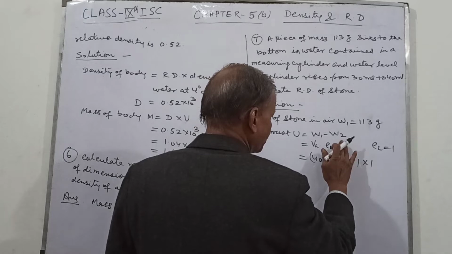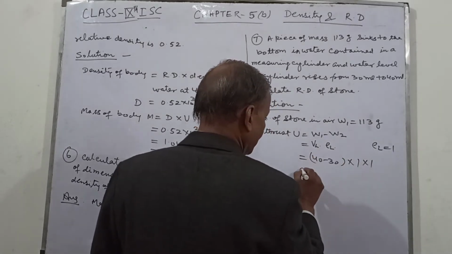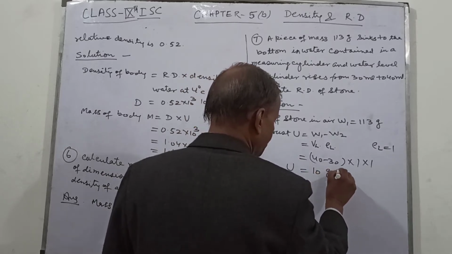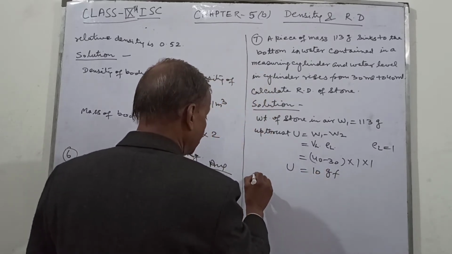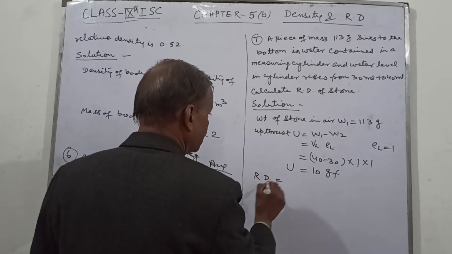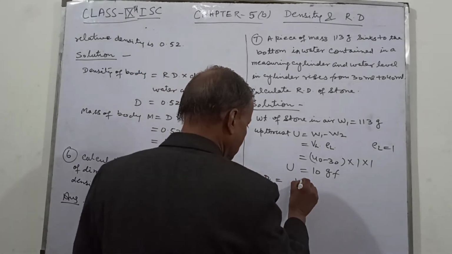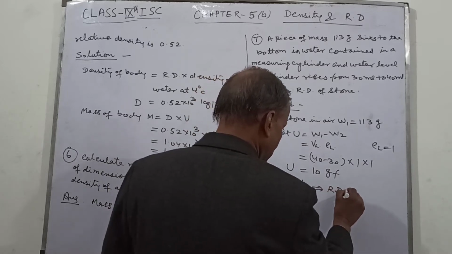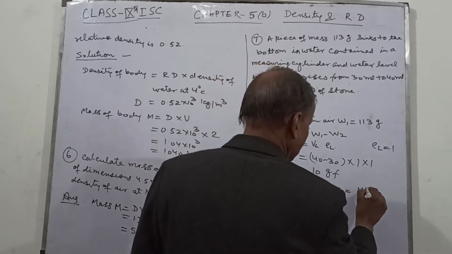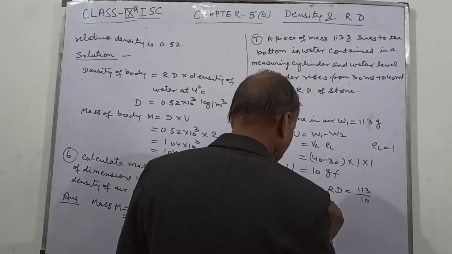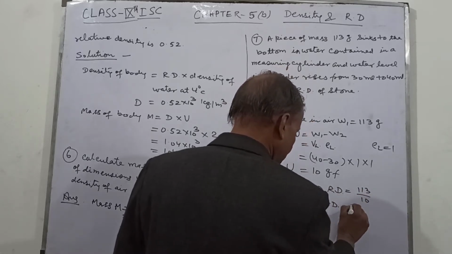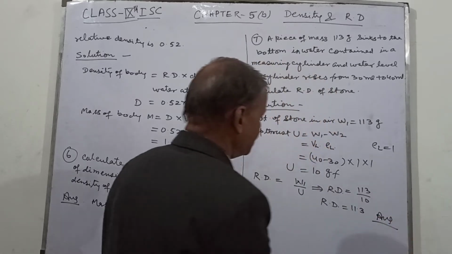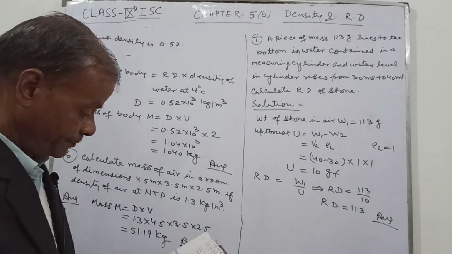So this is 10, equal to so much gram force. Now the relative density equal to W1 upon U. So this gives RD equal to 113 upon 10, or RD equal to 11.3. This is the answer to this question.